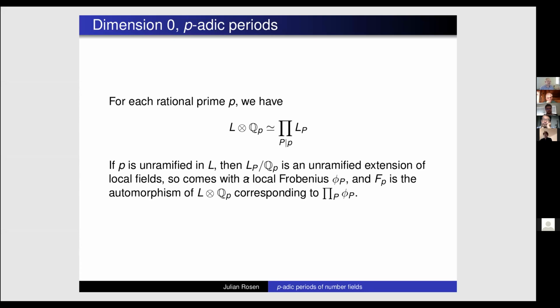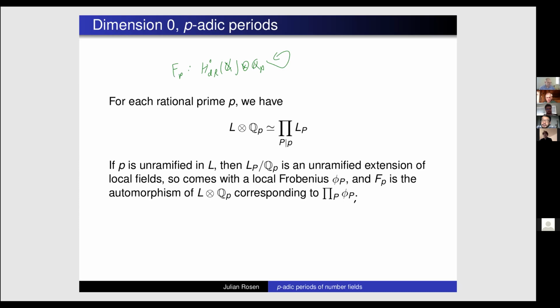And the crystalline Frobenius, right? This is supposed to go from H^0 de Rham of X tensored with Q_p, which is just L tensored with Q_p, to itself. It is just the product of the local Frobenius maps. So in this case, it's something really concrete, right? There's something you can write down.